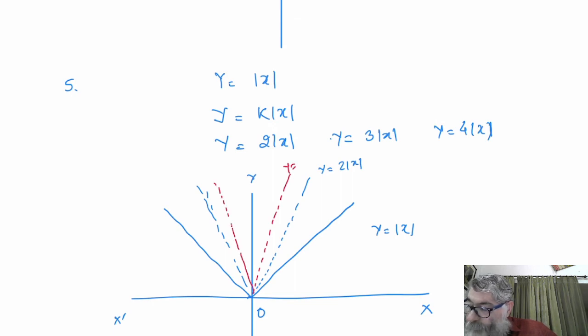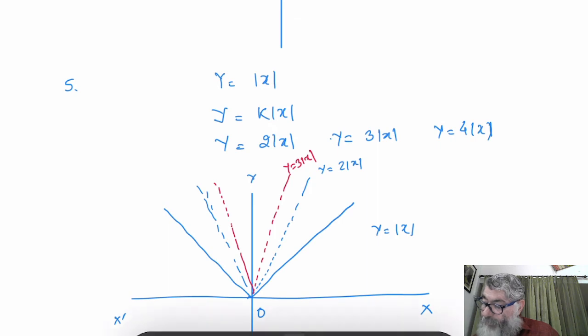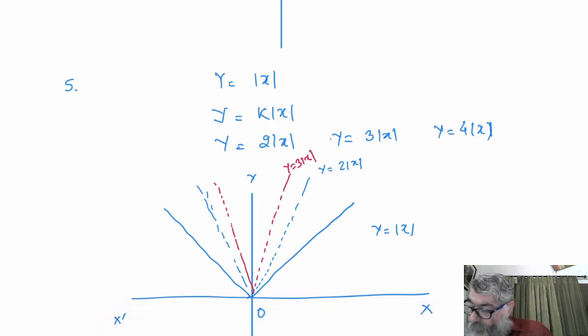Suppose I multiply it by a further number. The bigger the number we multiply, the bigger the compression will be. It will be more compressed. y is equal to 4 modulus x, and similarly here y is equal to 4 modulus x.